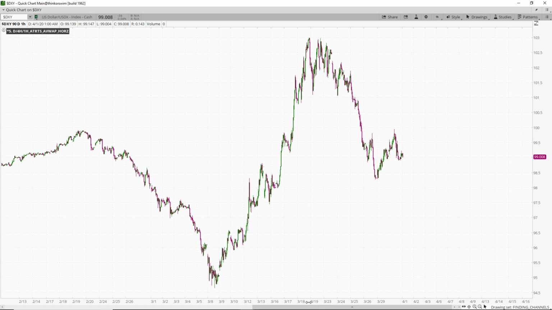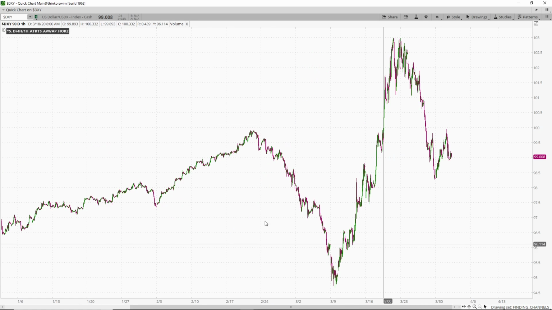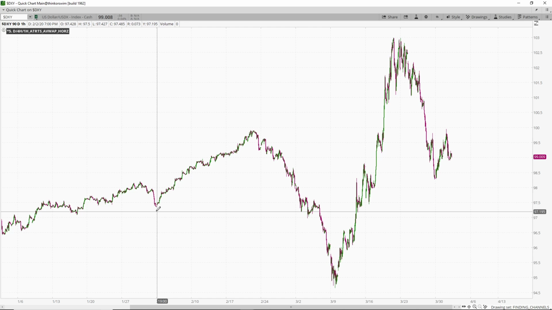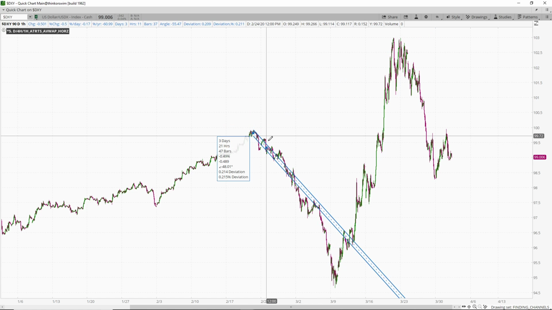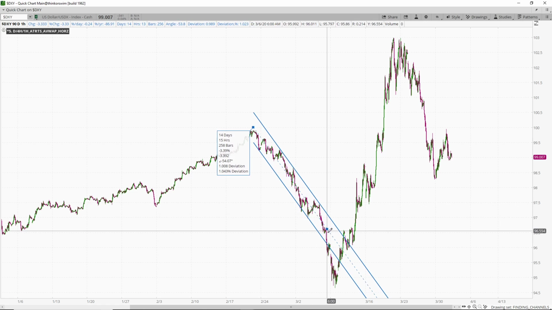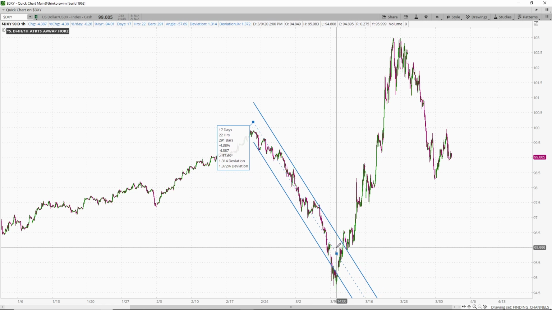So one of the reasons why I don't use regression channels that often is because you need to find these points of interest that may not come later. A regression channel works in the manner of, well, you've got your first point and your end point, and you've got something to work with.